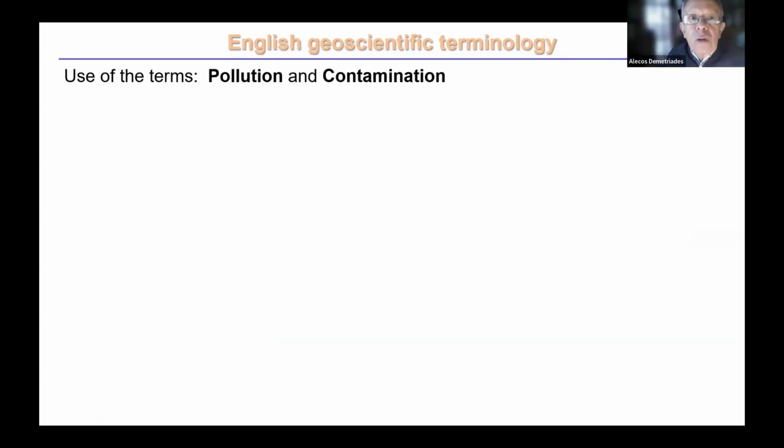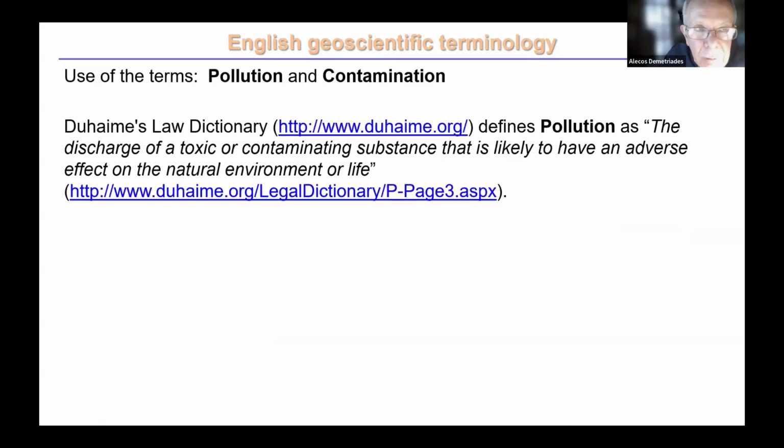Now, two terms that you have to be very careful with: pollution and contamination. The Chemist Law Dictionary defines pollution as the discharge of a toxic or contaminating substance that is likely to have an adverse effect on the natural environment or life.